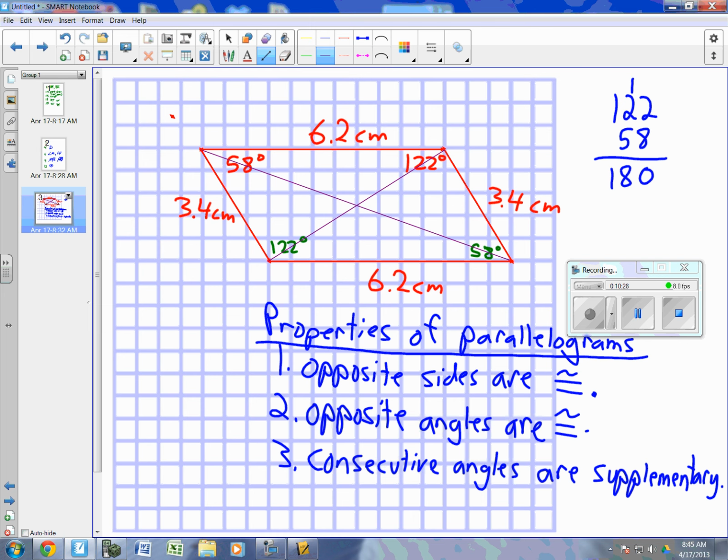Draw in the diagonals of your parallelogram, and I want you to measure the length from a vertex to where the two diagonals intersect on all four of them, all four parts. Do you guys understand what I'm talking about? Look right here. You can measure from a vertex to that point where the two diagonals intersect. Measure all four of them.